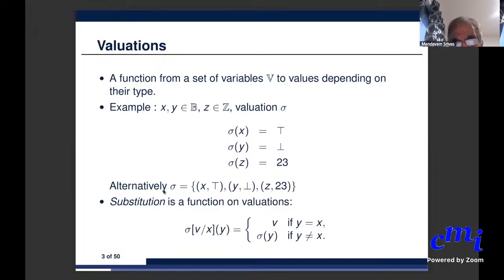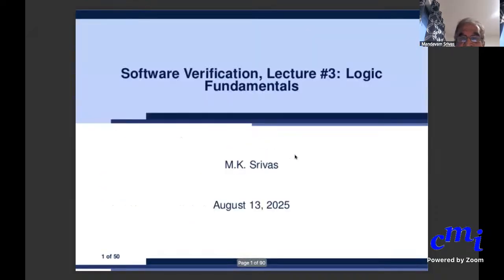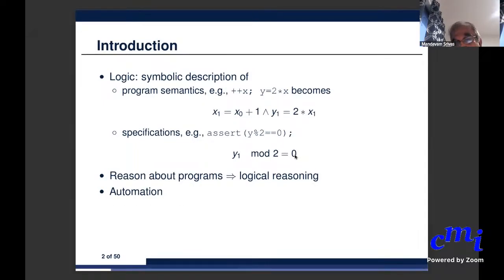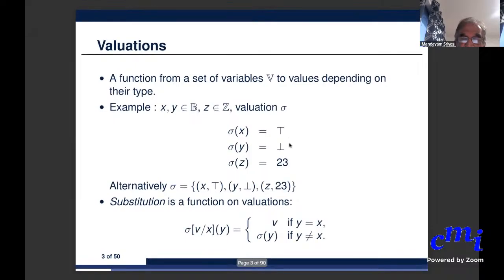So there's only one small notation that I'll be using. To talk about program semantics in logic, there are variables and you have to talk about the values that these variables take. That is what we call valuations, the values assigned to these variables. These variables can range over various domains depending upon the logic that you use.